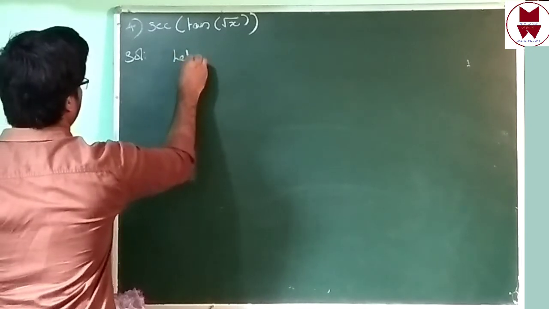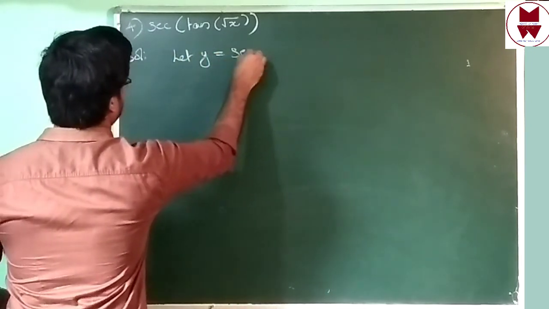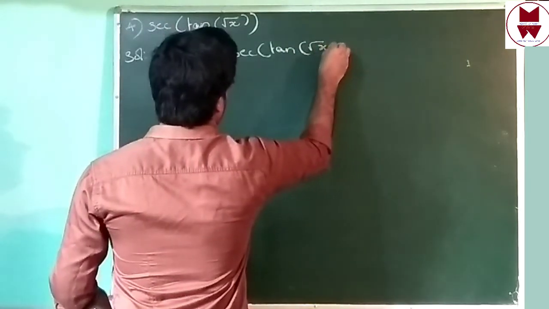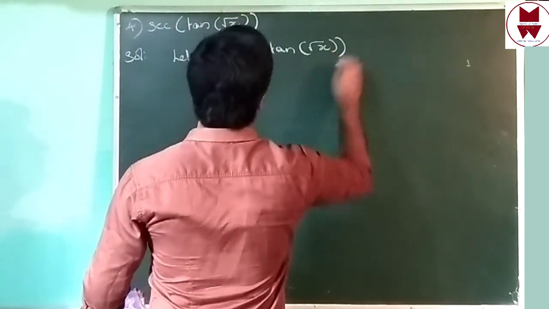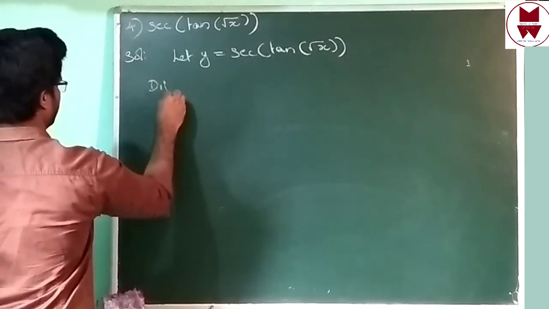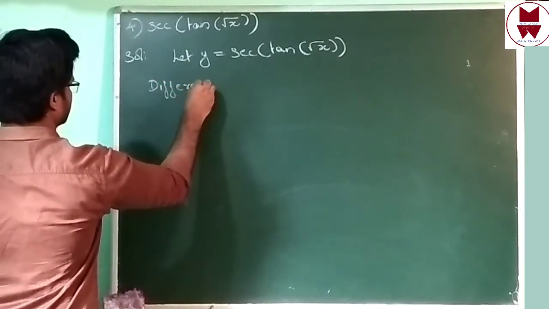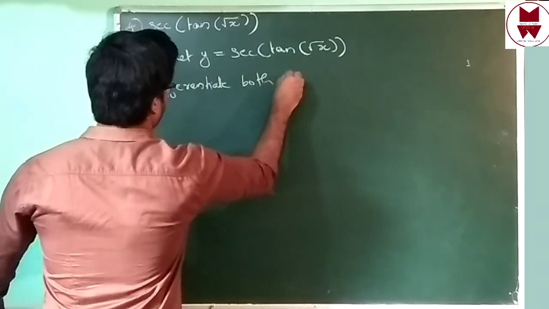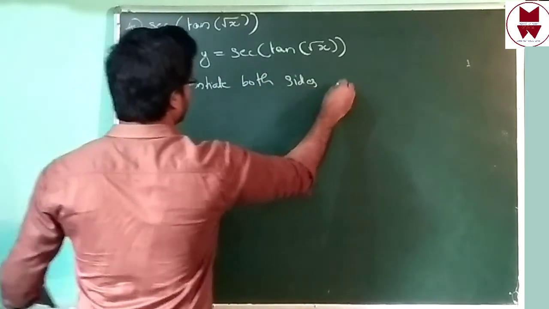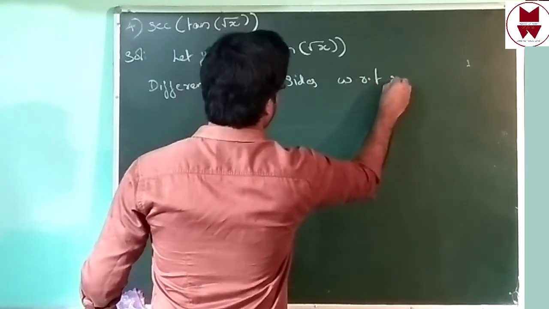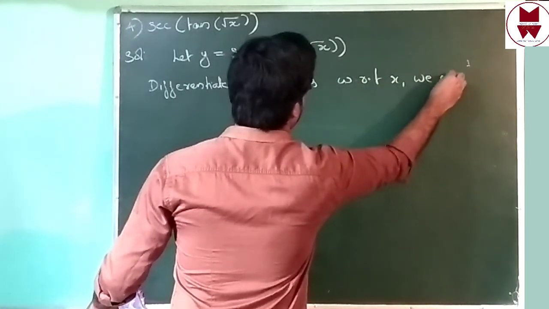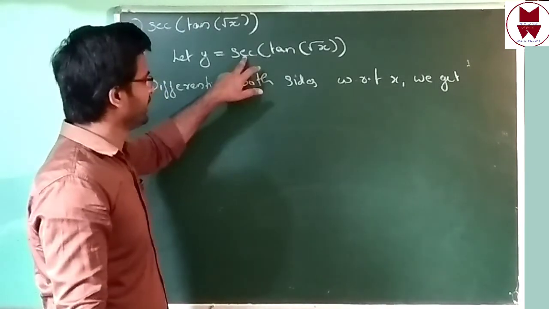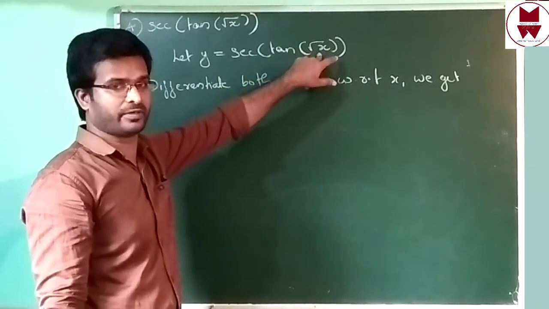Let's give one name. Let y equal to sec(tan root x). Differentiate both sides with respect to x. Here, 3 functions are there: sec, then tan, then square root. 3 functions, isn't it?